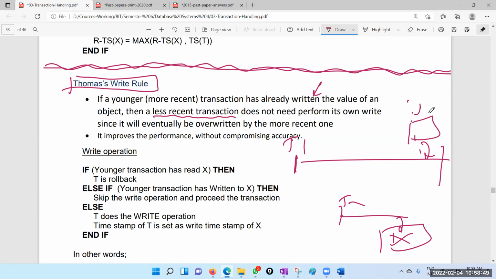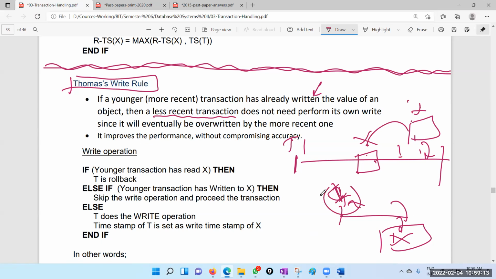So you can ignore it, because if you had written to it, the younger transaction would be supposed to overwrite it anyway.